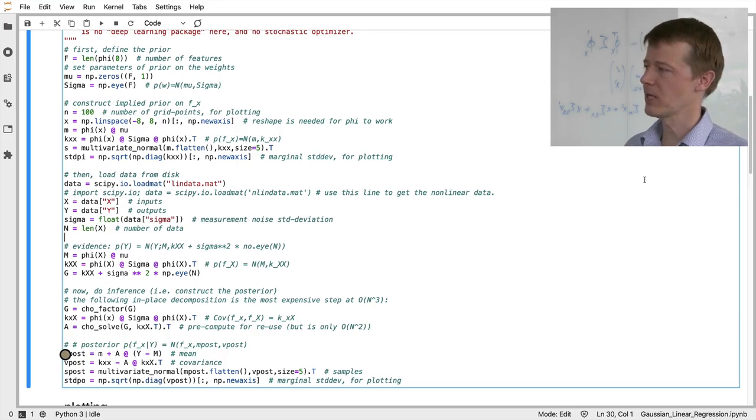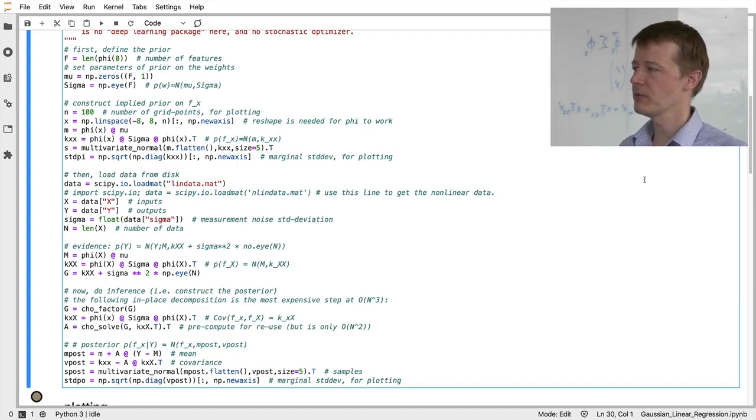Once we have these two parameters of the posterior distribution, mean and variance, we can now, for example, draw random numbers from it using, again, the multivariate normal formalism with a mean and a covariance. Let's draw 5 samples. Or we can plot this posterior sausage of uncertainty by extracting the diagonal from this covariance matrix, taking its square root, and using that for plotting.